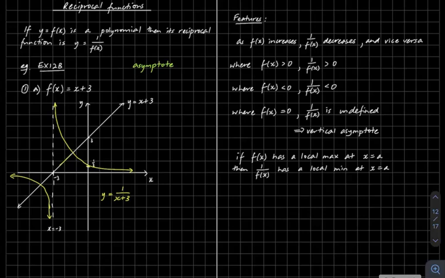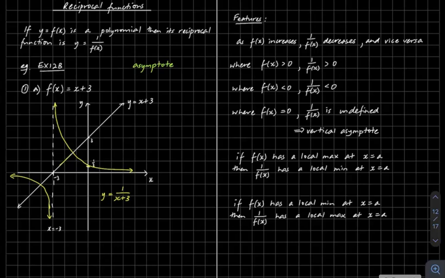And that relates to the idea of increasing and decreasing. We'll do an example to demonstrate that, I think that is the best thing. And likewise, if the original function has a local minimum at a particular value of x, then its reciprocal will have a local maximum at that point.